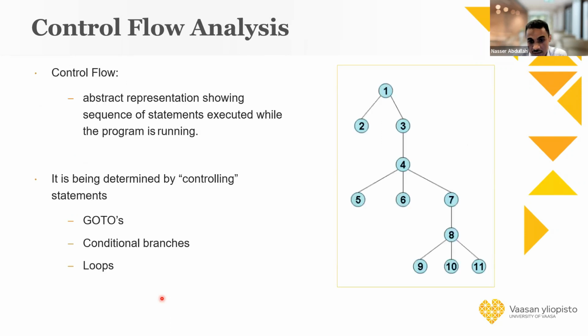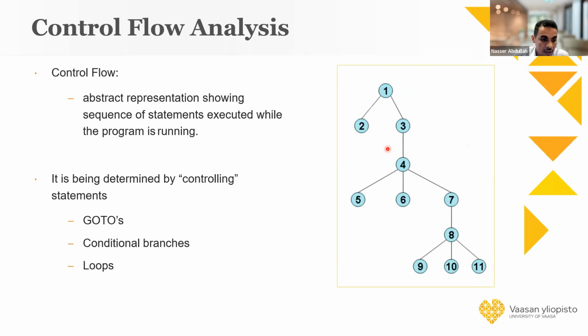As I mentioned, this is an example of control flow. As they define here, it is an abstract representation showing the sequence of statements executing while the program is running. If you see here, the node represents a statement, while the edge represents the transition from one statement to another.